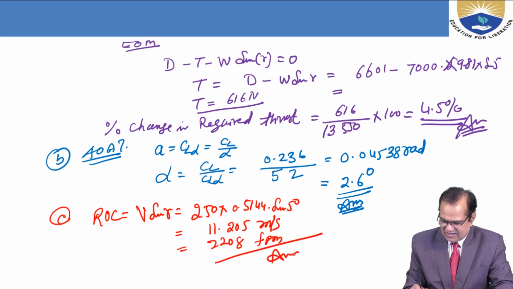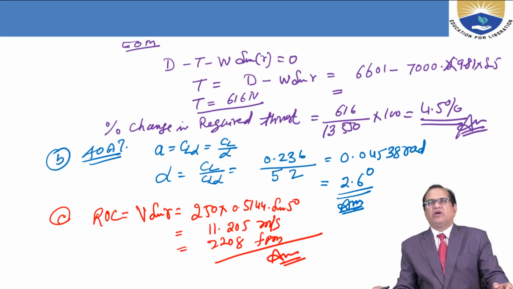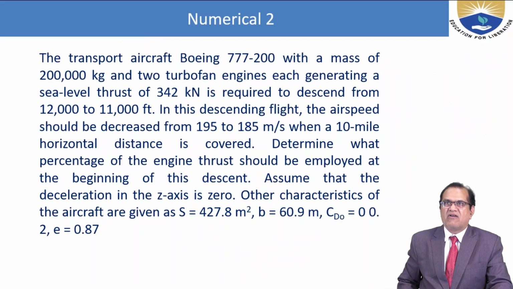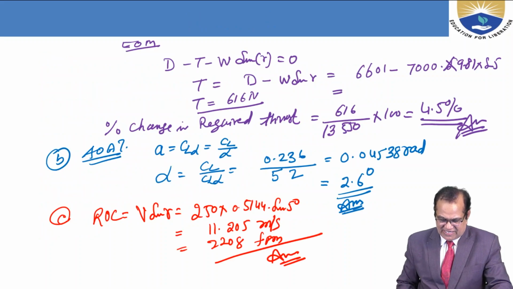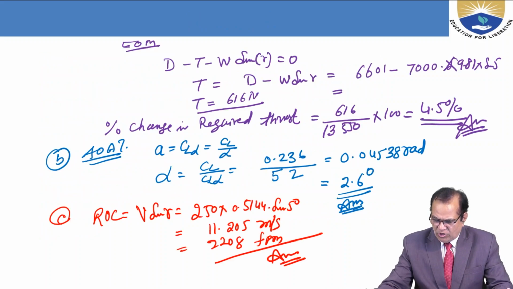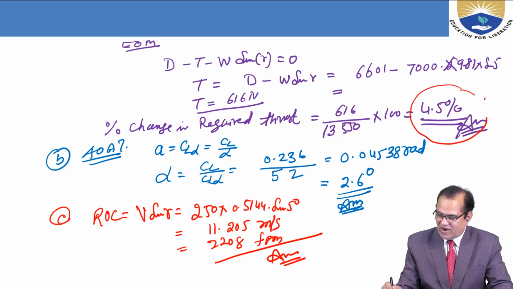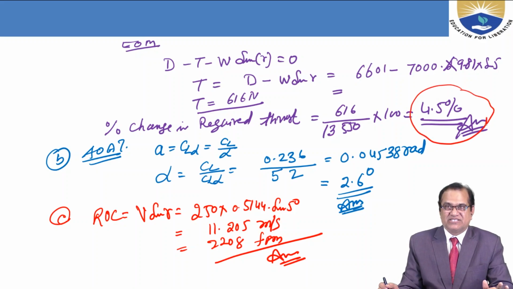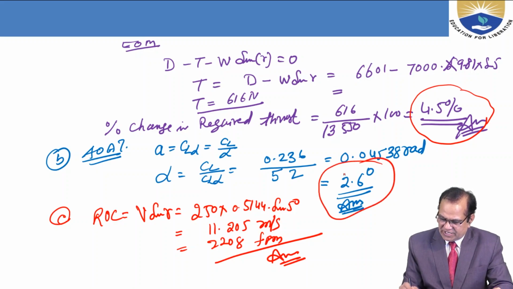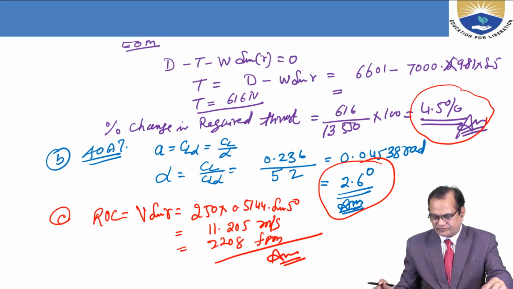So this is the third answer. So like this we have got these answers, and we can see here that only 4.5% of the thrust is required for the given conditions, and the angle of attack of this aircraft should be 2.6 degree, and the rate of climb is 2208 feet per minute.